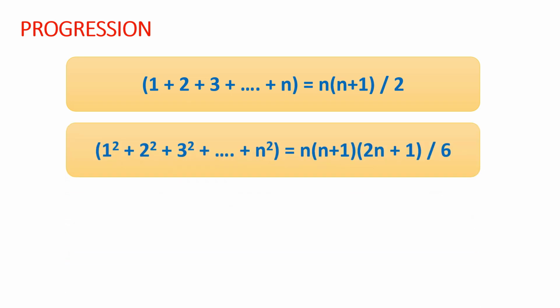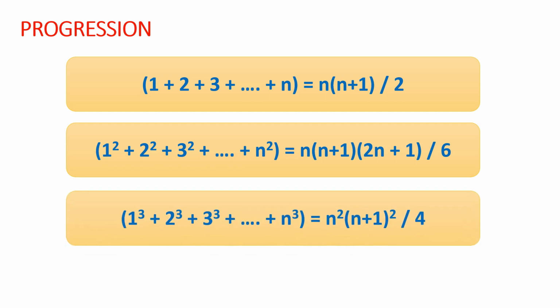The second formula is 1 square plus 2 square plus 3 square up to n square, which gives n into n plus 1 into 2n plus 1 by 6. And the third formula is 1 cube plus 2 cube plus 3 cube up to n cube, which gives n square into n plus 1 the whole square by 4.